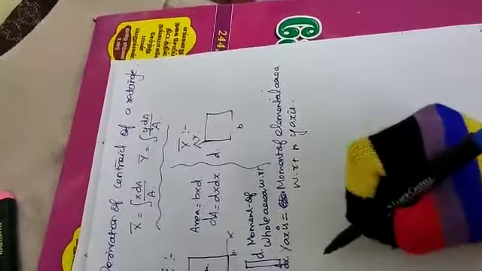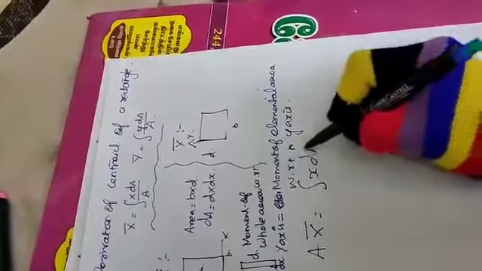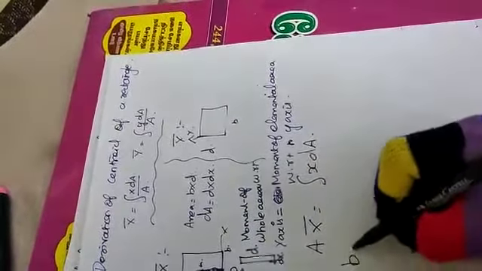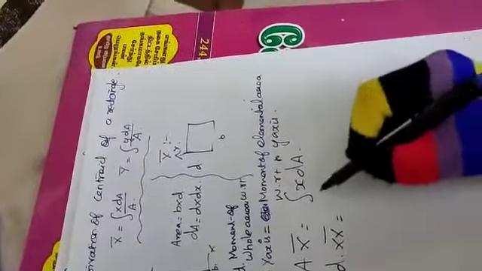The formula is A times x bar equals the integral of x dA. A is b multiplied by d, and x bar I have to calculate, so I will keep it like this.